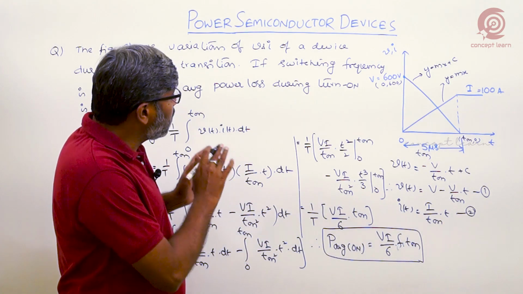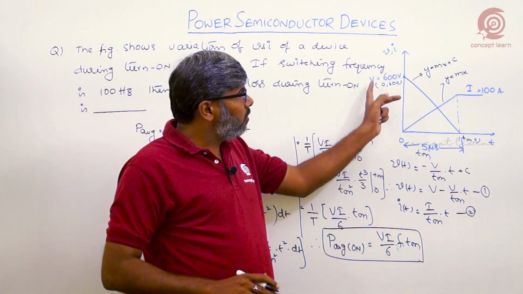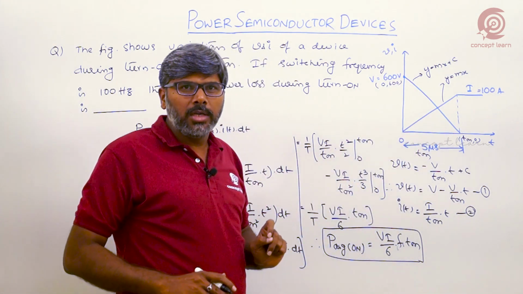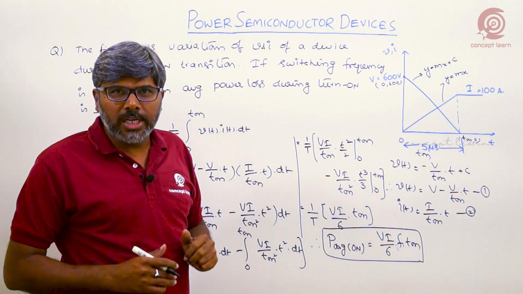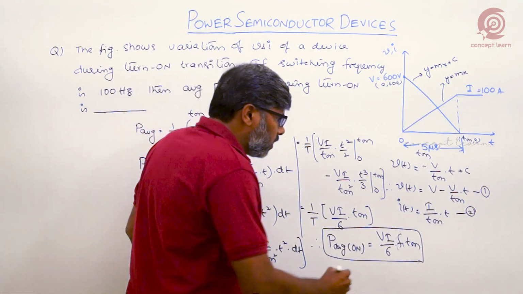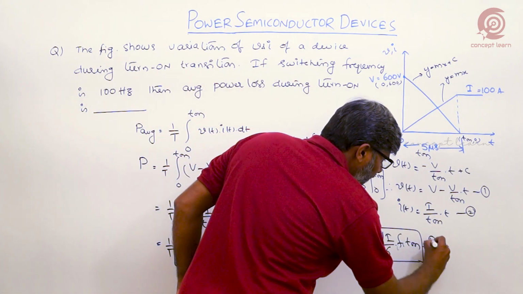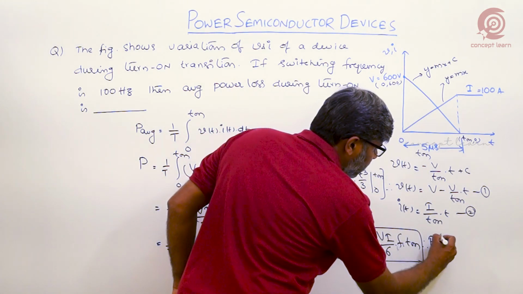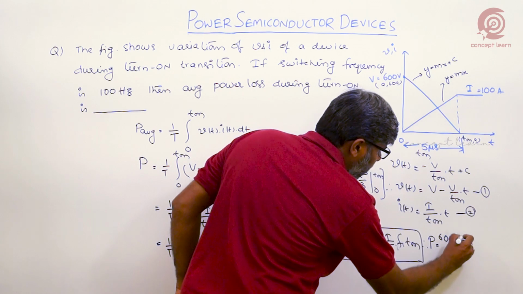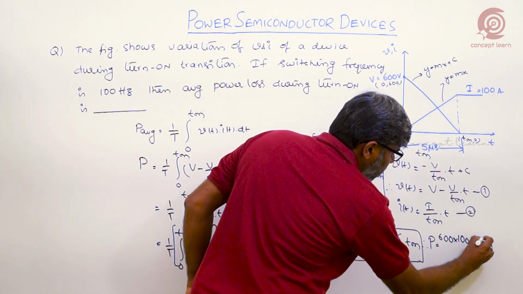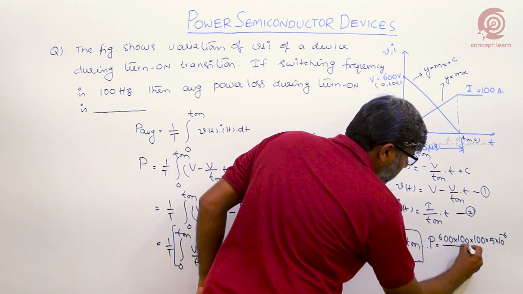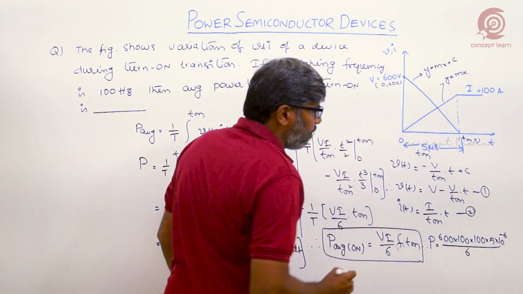Now substitute. The variations are given with the values. Voltage value is given, current value is given, and T on is also given. The switching frequency is also given in the data. Substituting all these values, P average equals V is 600, I is 100, frequency is 100, T on is 5 into 10 to the power of minus 6, divided by 6.